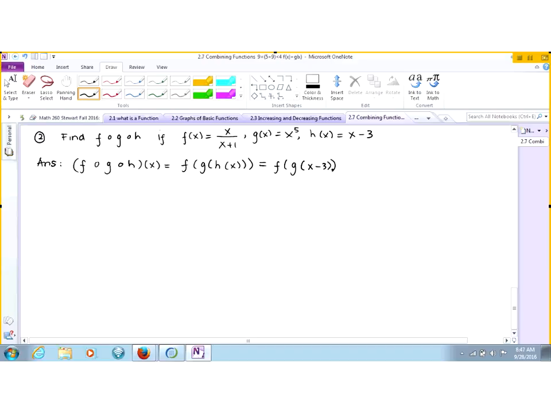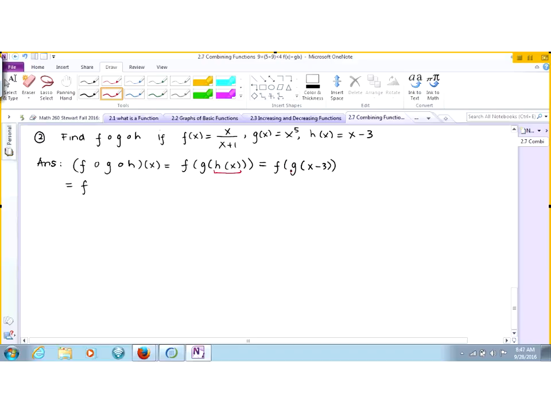All right. Now, what is g of x minus 3? So f of, what is g of x minus 3? So this is what I evaluate. h of x is x minus 3, right?